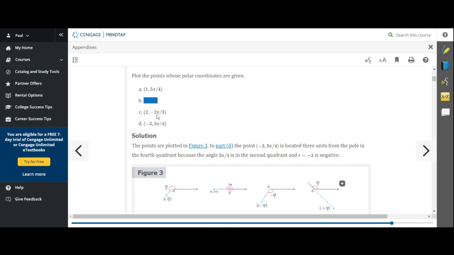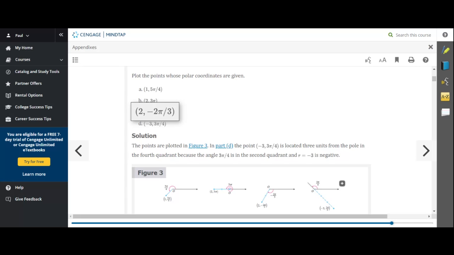Okay, well now, for C here, they have the polar coordinate 2, negative 2 pi over 3. Well, now you have a negative angle. So you learned in trigonometry that positive angles, you go counterclockwise.